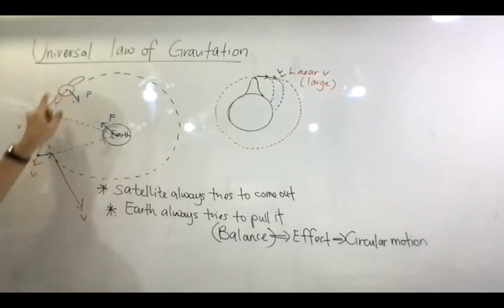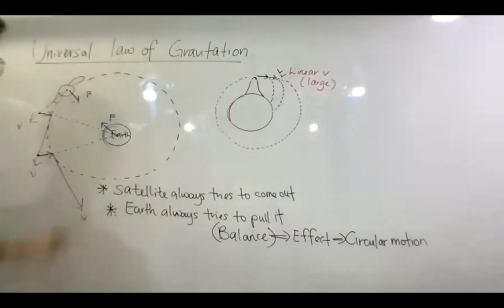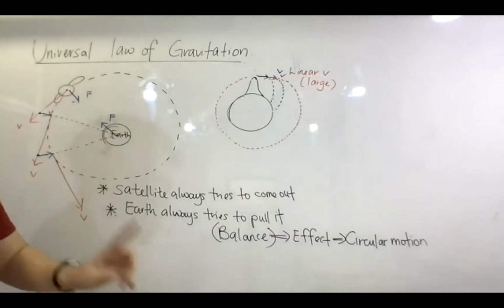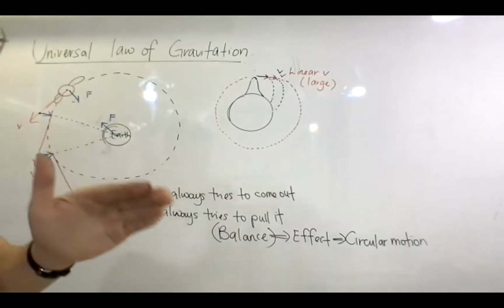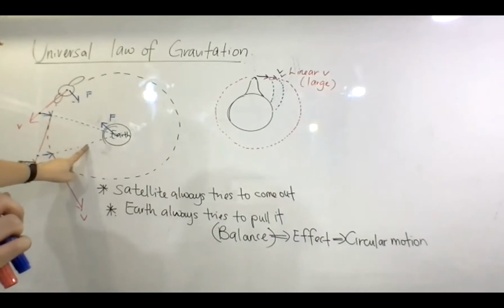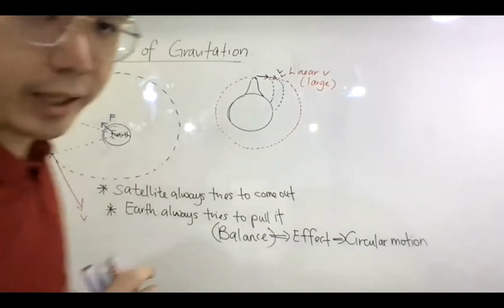So why does the moon never fall onto the Earth? Why does a satellite never fall onto the Earth? Because they have speed, and their speed is very large. This is a very large value that keeps it from falling down. It is large enough to keep it from falling down, but small enough to prevent it from drifting away.